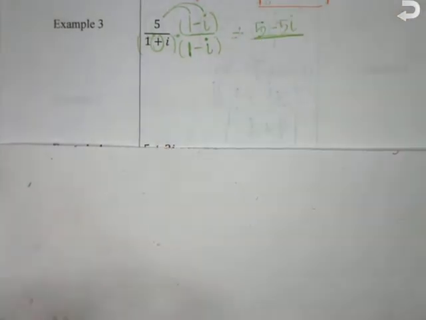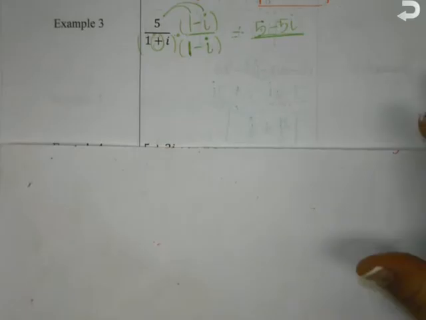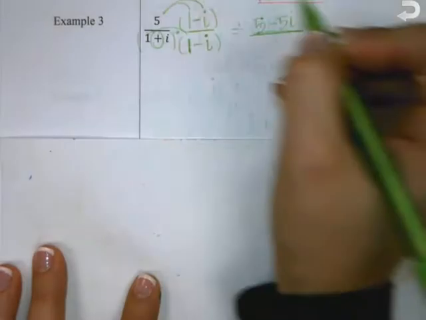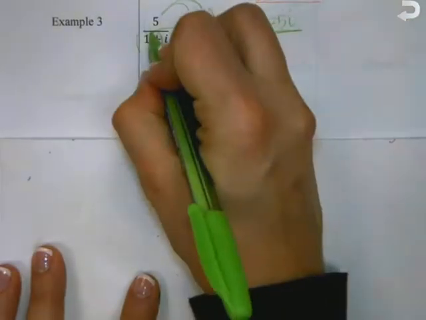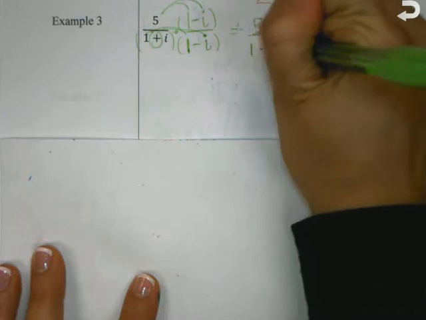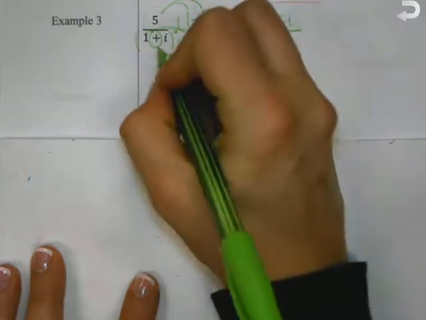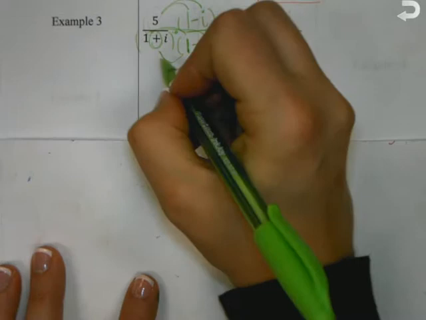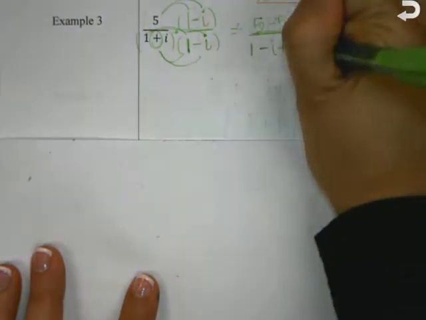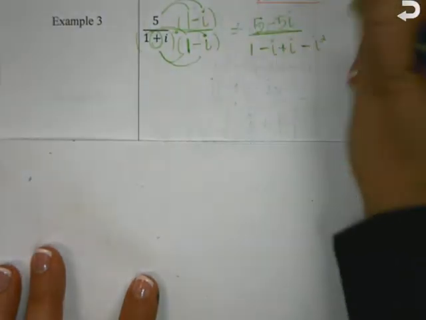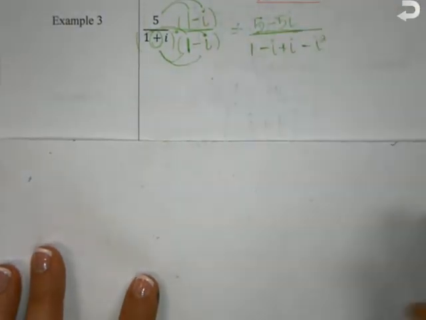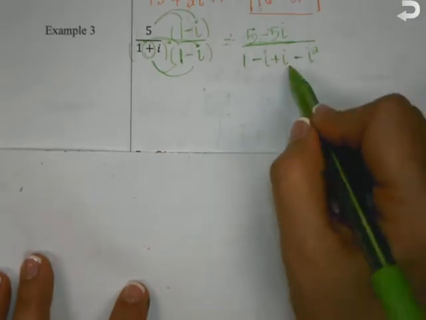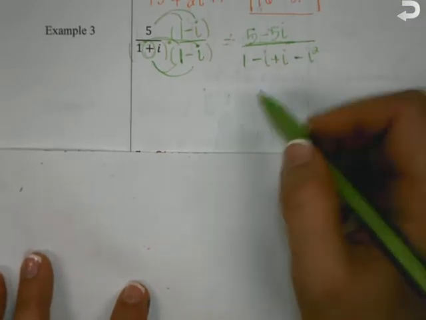And at the bottom we have FOIL or box. 1 times 1 gives me 1. 1 times negative i is negative i. i times 1 is plus i. And i times negative i is minus i squared. Okay. Negative i plus i, what happens there? They cancel. And i squared is equal to negative 1.